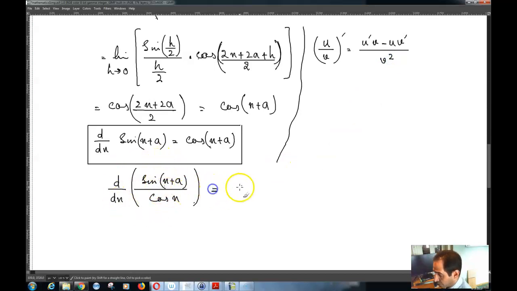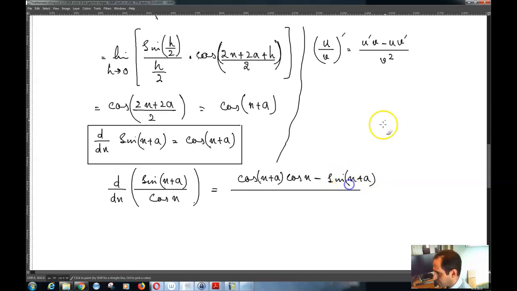So you can rewrite this as u prime, which is d by dx of sine of x plus a, which is cos of x plus a, times cos x, minus u, which is sine of x plus a, times the derivative of the second function, which is negative sine x, divided by cos squared x. You cannot simplify this any further.